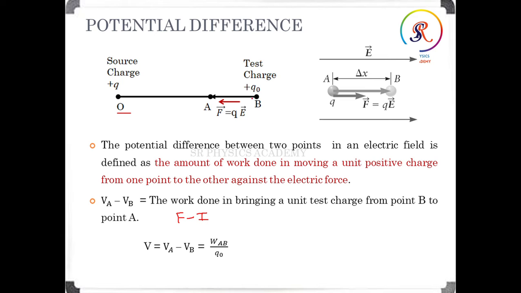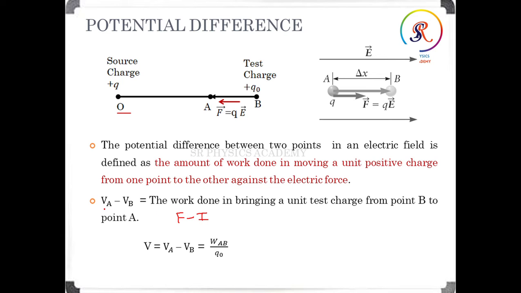The potential at B is the initial point, and when the charge is moved towards A, that is the final point, that means V_A. So the difference is final point minus initial point.